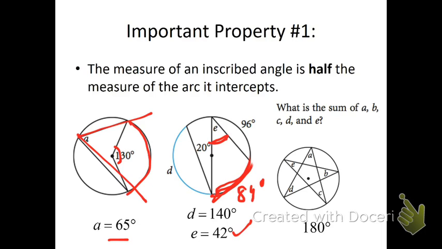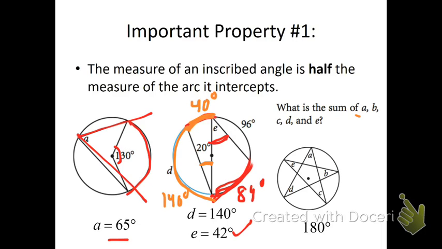So this angle is going to be half of that. Similarly, if this angle is 20, then this arc is 40. Sorry, I lied. So this remaining arc has to be 140, because the arc is going to be double the inscribed angle measure.